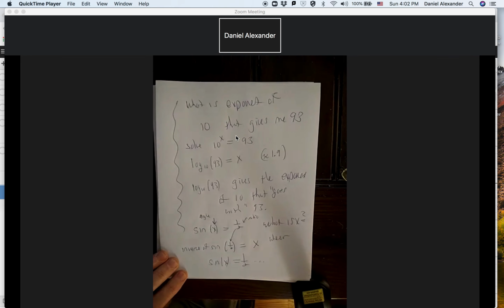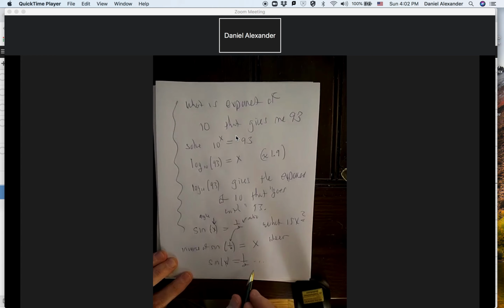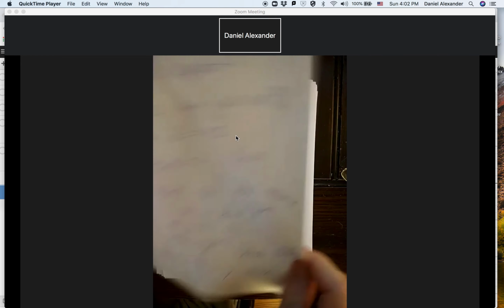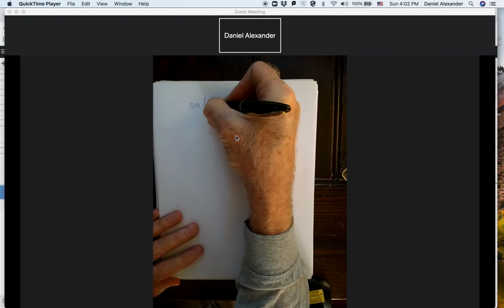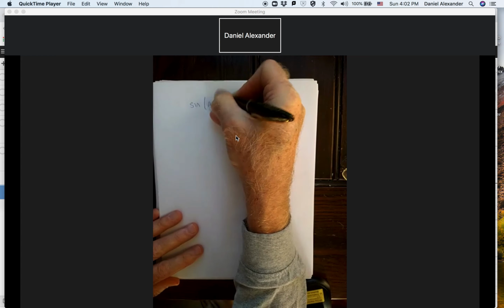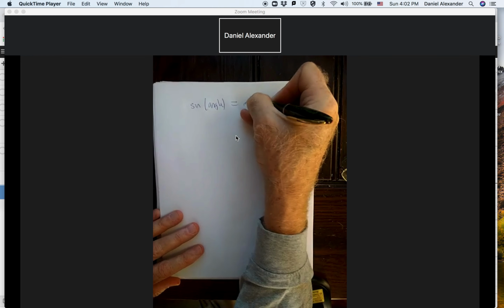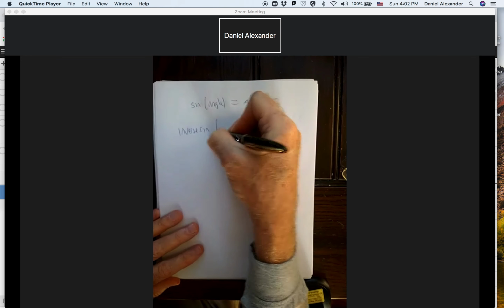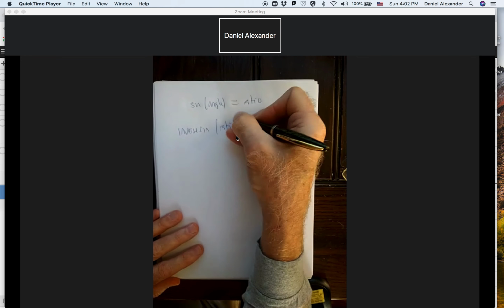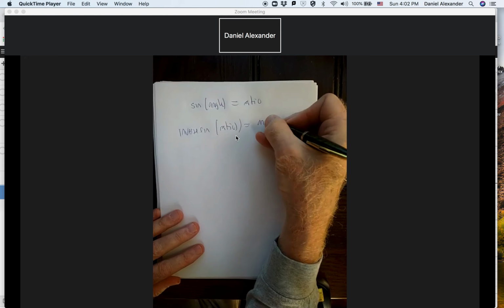Okay, so again, there's going to be a lot of angles that go with it, but here's the upshot. Here's the point I'm trying to make: we have the sine of an angle, and that gives us a ratio. Now we have the inverse sine of a ratio, and that's going to give us an angle.